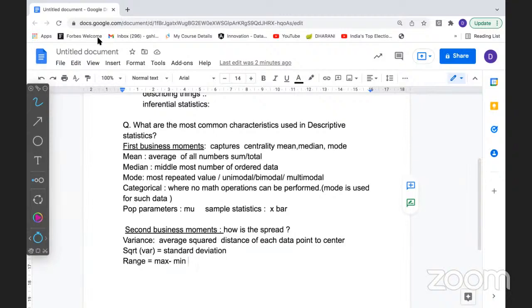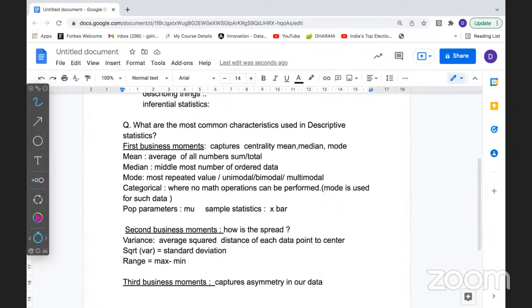Then the third business moment helps us capture symmetry, asymmetry in your data. You should write it as asymmetry. It captures asymmetry in our data.